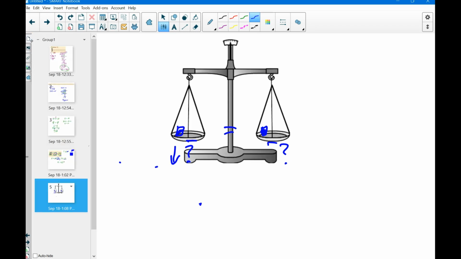Anyway, I'll try to find it later, but if you see the point I'm trying to say, both sides got to stay the same, right?